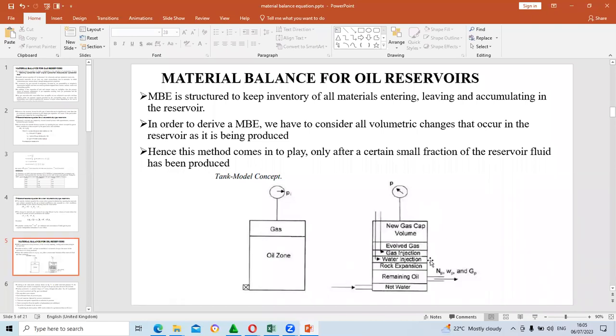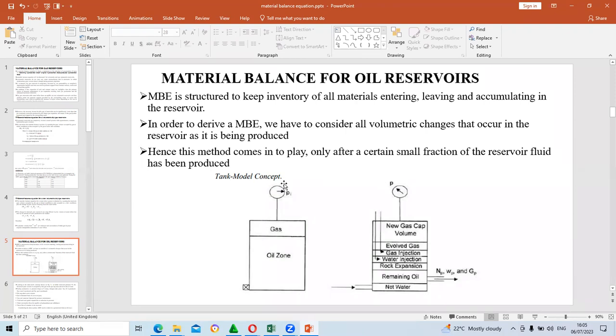So if we have a situation where there is no water influx, then we will just shut down this particular component and assume that there is no water that gets into the reservoir. But if water is getting in, what is going to be left is net water, because water is getting in and water is being produced. So at the end of the day, what is left in the reservoir is the net. There are so many things that come into the reservoir during production as a result of drawdown.